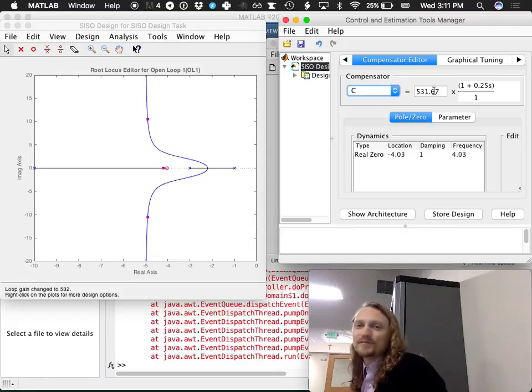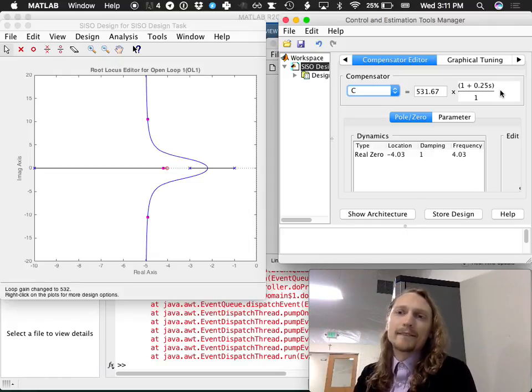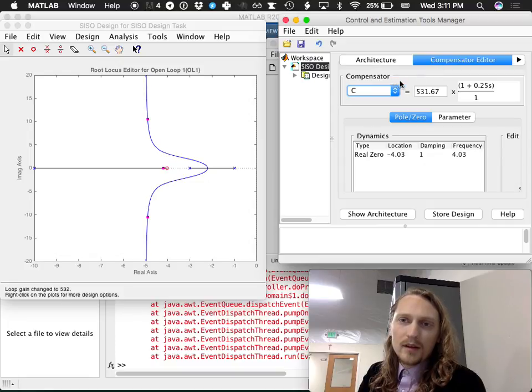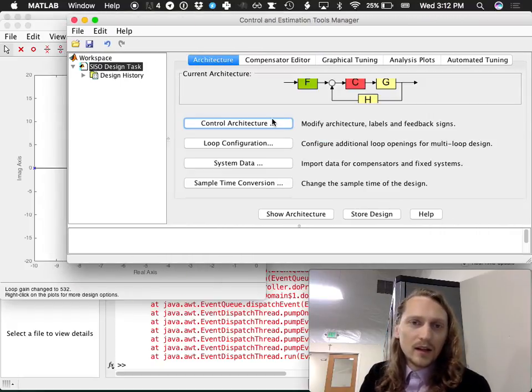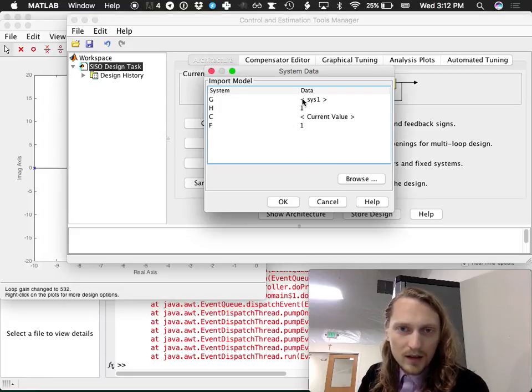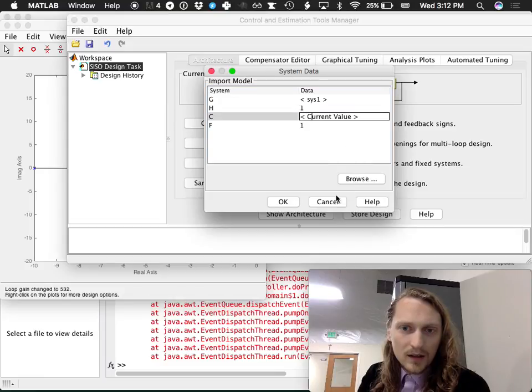You can just add, if you go to the first window, that one, I think you can add a compensator right there where C is in the system data. Yeah, so that's what this is. Well, if you go back to the architecture thing and then go to system data, right there you can change C to whatever you assigned it in your code, and that works too.